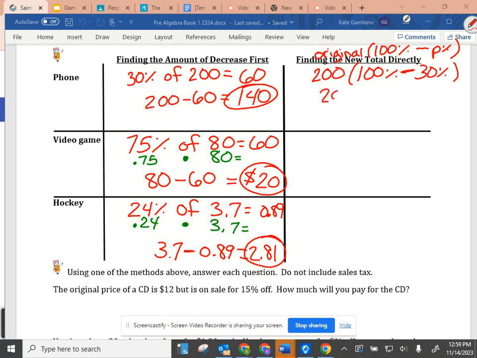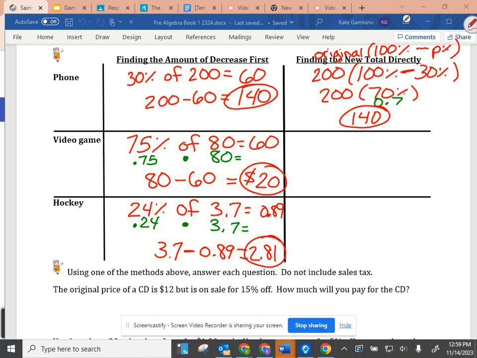So we have 200 minutes times 70%. 70% is what decimal? 0.7. So 200 times 0.7 gives me that 140 minutes.